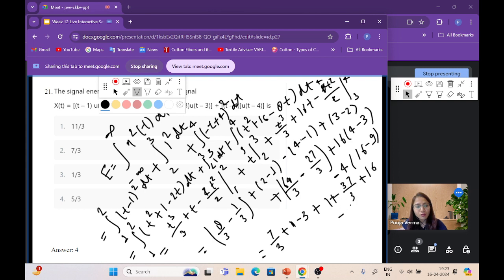Now 16 minus 9 is 7, so 4 into 7 is 28. Now if we calculate all those things, then here we will get 44 divided by 3 minus 13, right? If we take 37 plus 7, 44 divided by 3 and minus all those things.